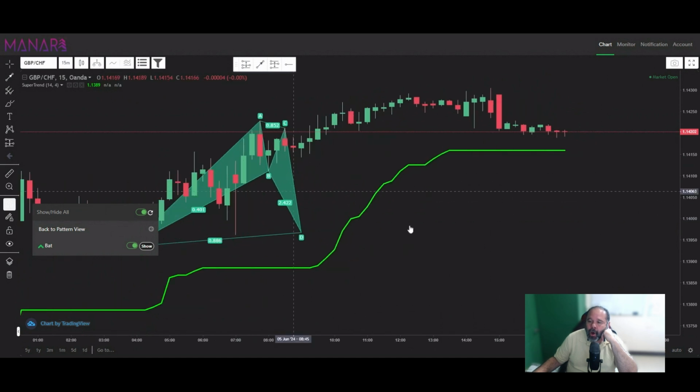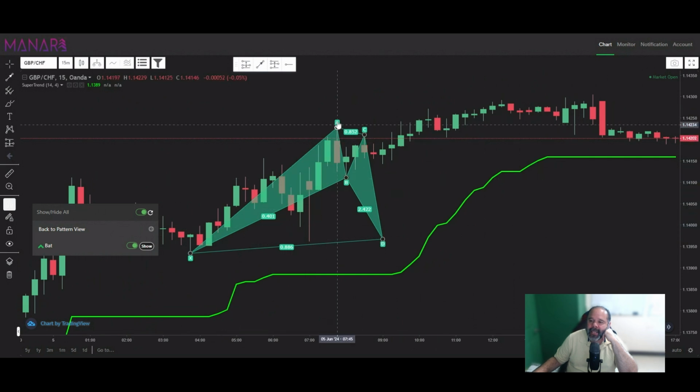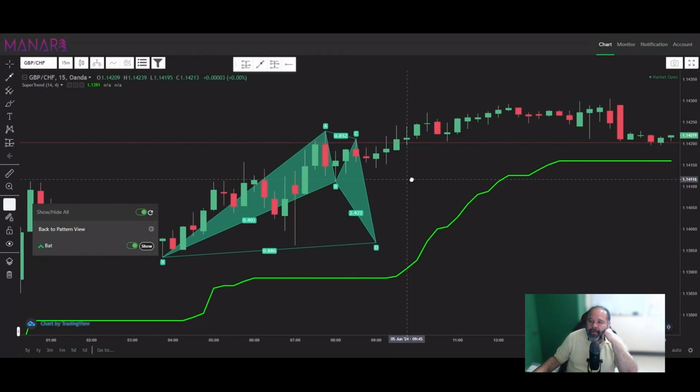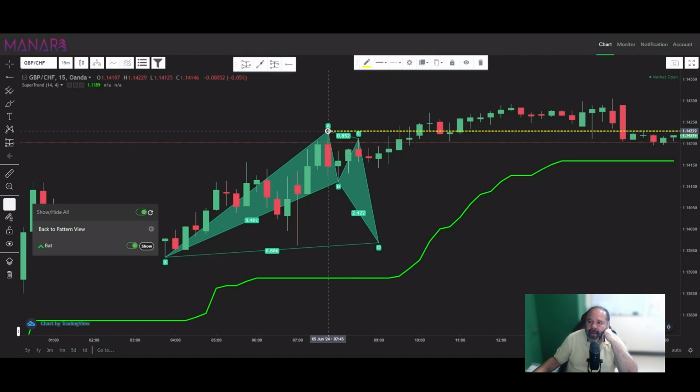So this pattern is called a harmonic pattern. You're gonna see some letters here, A, B, C, D, and X. The points of interest are point A and point B. So I'm going to put a horizontal ray right here, point A and point B, for you to see it more clear.